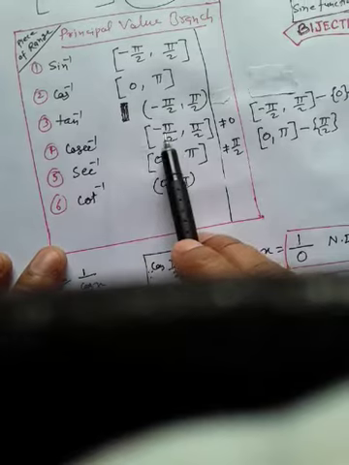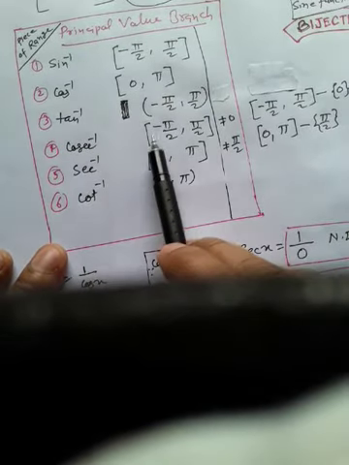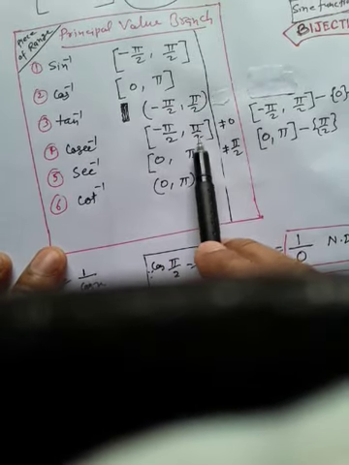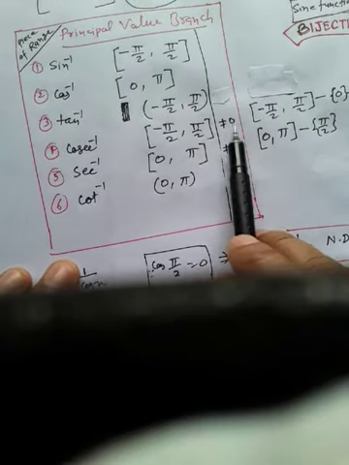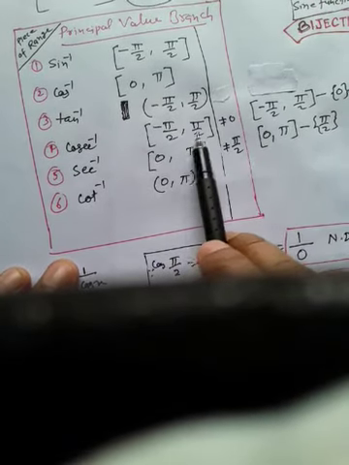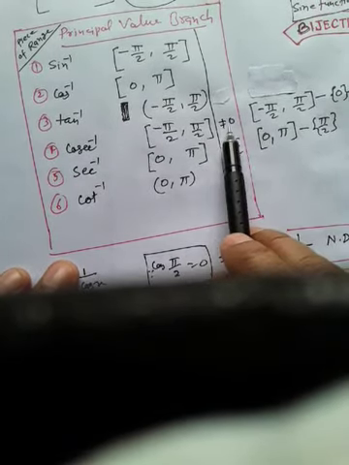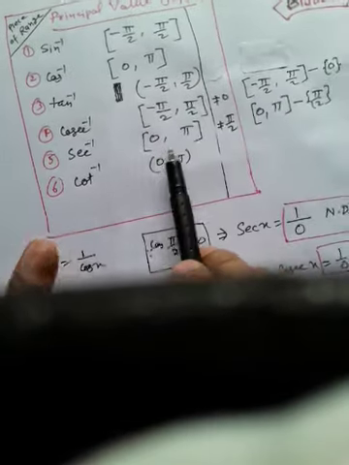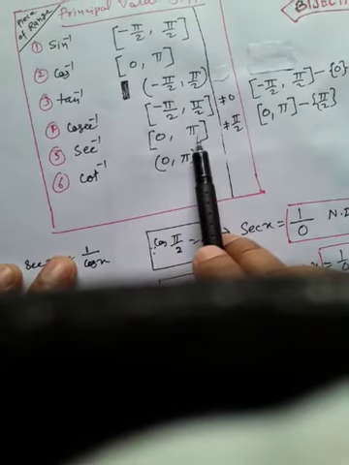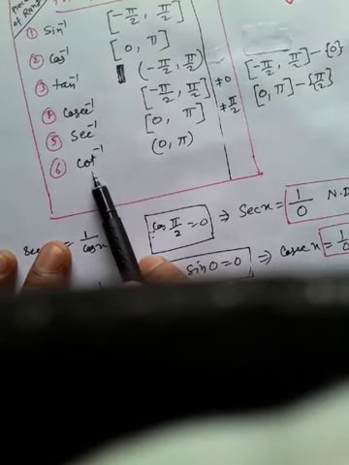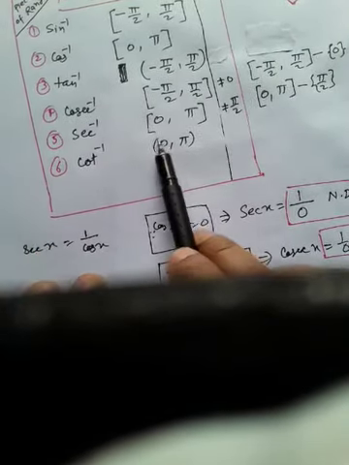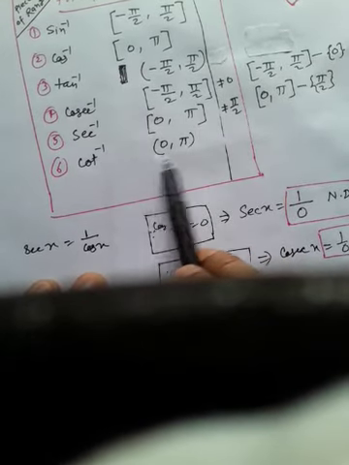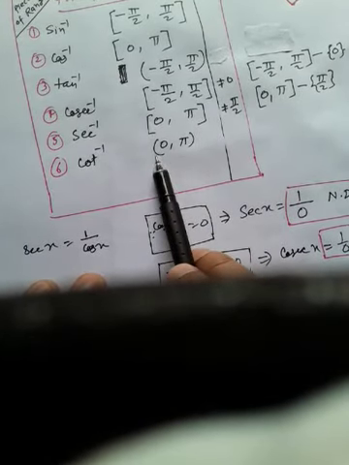For cosec inverse, minus pi by 2 to pi by 2, and remember 0 we will not take because 0 is coming in between, so exclude 0. Sec inverse is 0 to pi, cot inverse is 0 to pi, here also these two values are excluded.